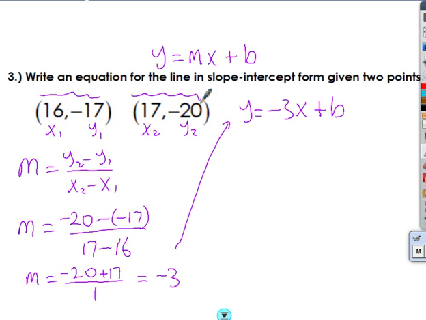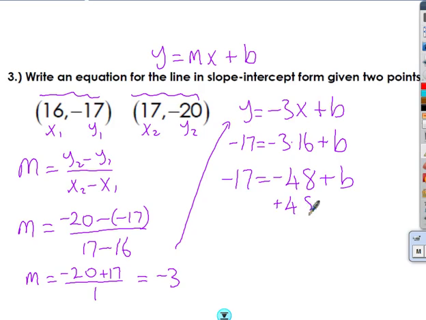And if you must choose a point, try to choose a smaller number and a point with less negatives. So it will reduce the chance of error. If I substitute -17 for y and x is supposed to be 16, this will allow us to find the b value. -17 is equal to -48 plus b. Let's add 48 to each side.